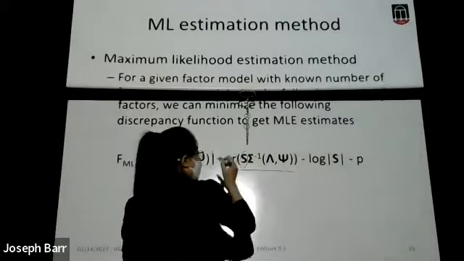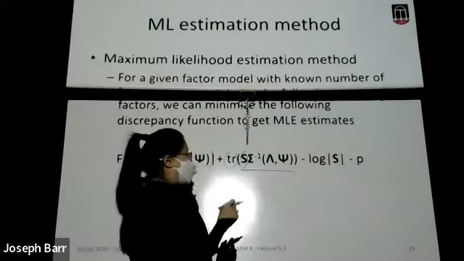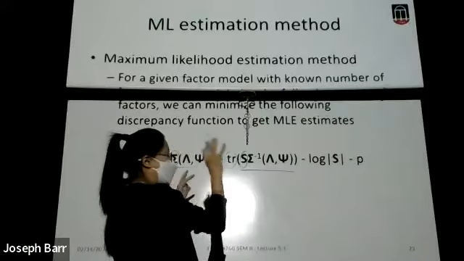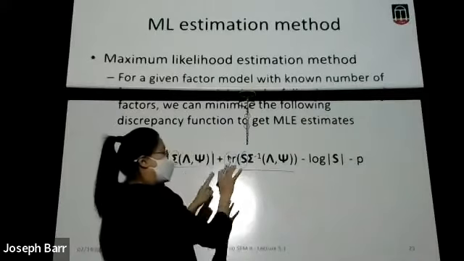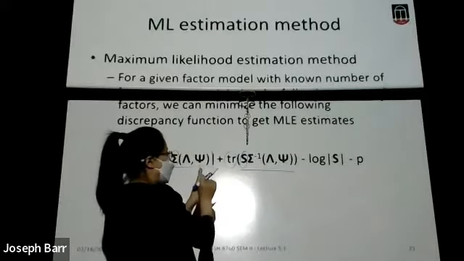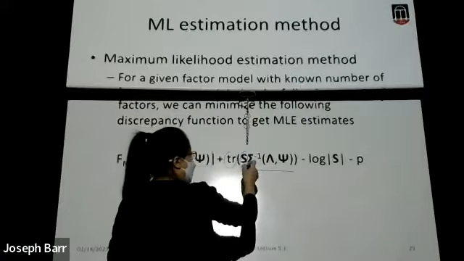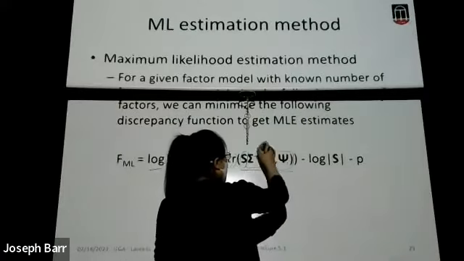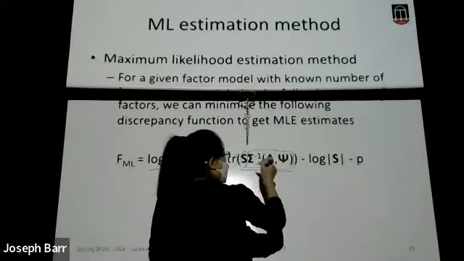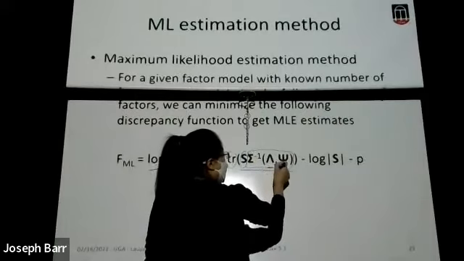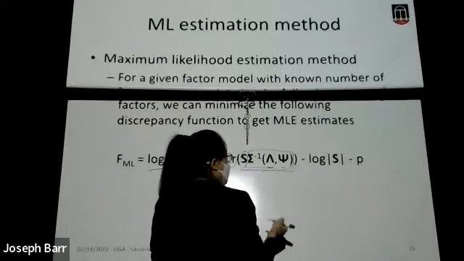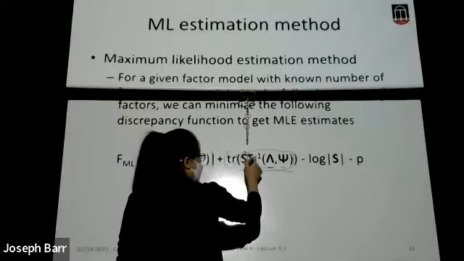The S is the sample-based covariance matrix. We have to combine the sample covariance matrix and the model-based covariance matrix to try to make the difference as small as possible. Again, this is the model-based covariance matrix including the factor loadings and psi. This is the sample covariance matrix.